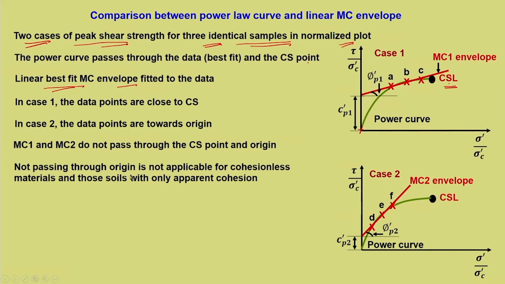Now, not passing through the origin is not applicable for cohesionless materials and those soils with only apparent cohesion. What is the implication of not passing through the origin? If Mohr Coulomb is not passing through the origin, it is not applicable for a cohesionless situation, or for soil where there is no proper cementation and it cannot hold on its own, because apparent cohesion cannot be considered as true cohesion.